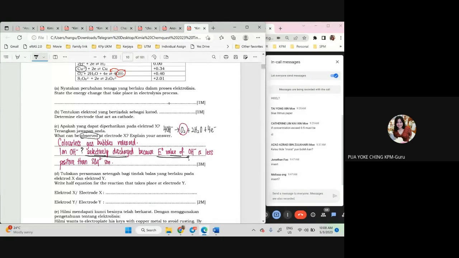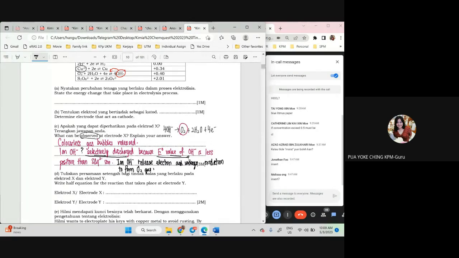Kalau you nak lebih detail, then you will write ion OH minus release electron and undergo oxidation to form O2 gas.